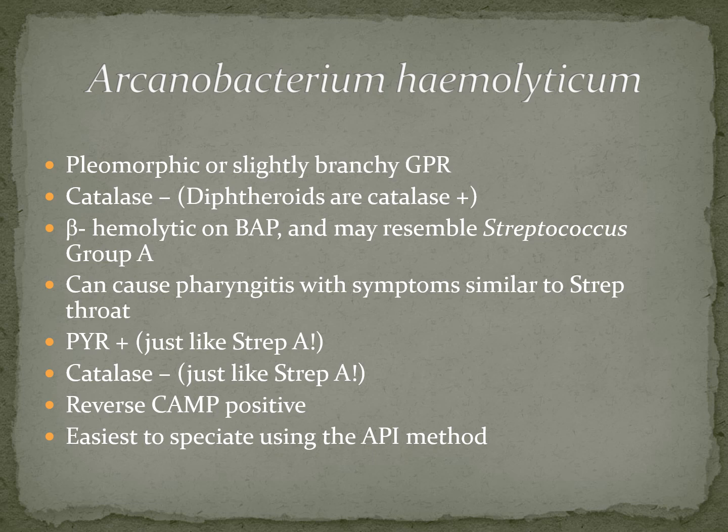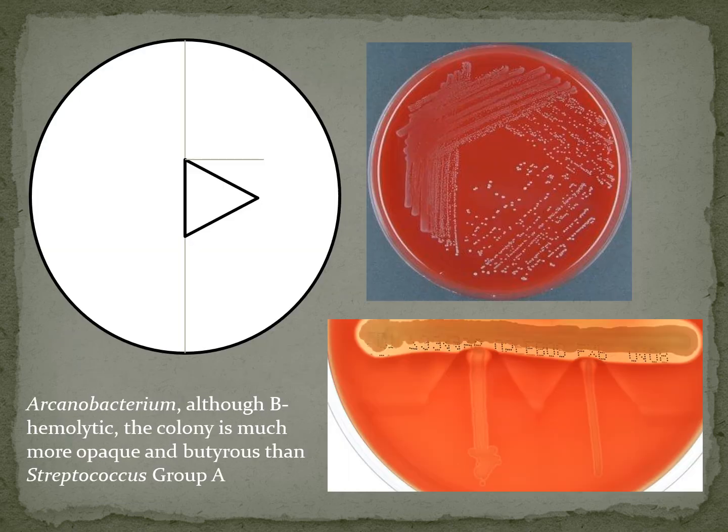It can actually cause a sore throat, but the best thing you can do is gram stain it if you're not sure what it is, because Arcanobacterium is going to be a gram-positive rod, while Streptococcus pyogenes is a gram-positive cocci. So here's an example of the reverse CAMP test and what it's going to look like for Arcanobacterium. As you can see, that arrow that lays along the Staph aureus actually goes the opposite direction than that of a CAMP test.